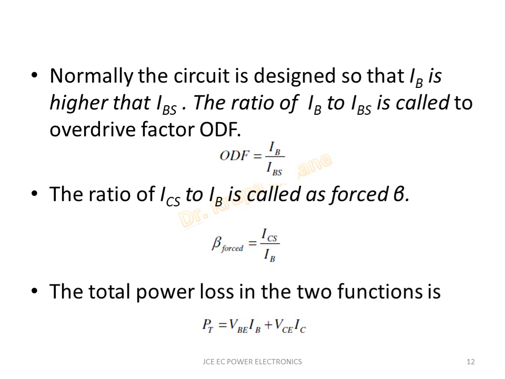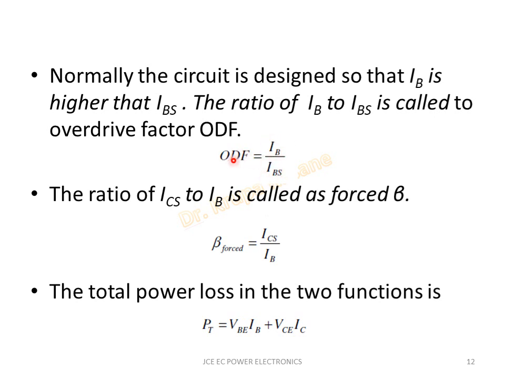Give a little more push, a little more current beyond IBS, which is the saturation current, and then the ratio of IB to IBS is called the overdrive factor. So there is one more term now introduced, overdrive factor, which is the ratio of IB upon IBS. Remember that IB is greater than IBS.